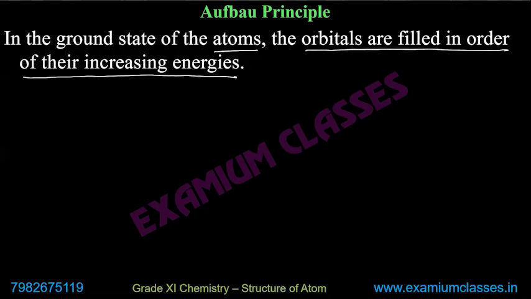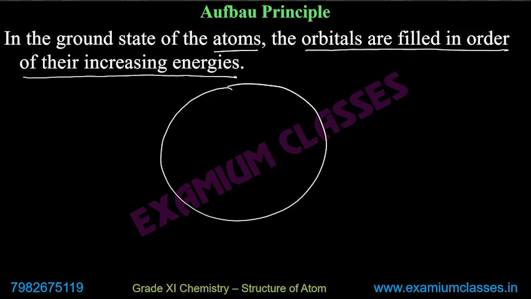This is the Aufbau principle, which will help you to write the electronic configuration of almost all the elements. There are a few exceptions we will be talking about. The Aufbau principle says that within one atom, electrons will get filled up in order of the increasing energies of the orbitals.